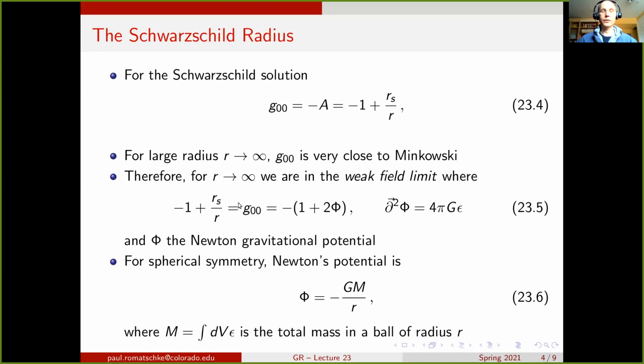And on the other hand, we also have this exact solution to the Einstein field equations that has the same property that we have a constant over r. So we can relate rs to this constant that appears in the solution of the Newtonian gravitational potential. And this is not an approximation because we do this identification in the limit where r is very, very large. So these two sides are actually the same in this limit.